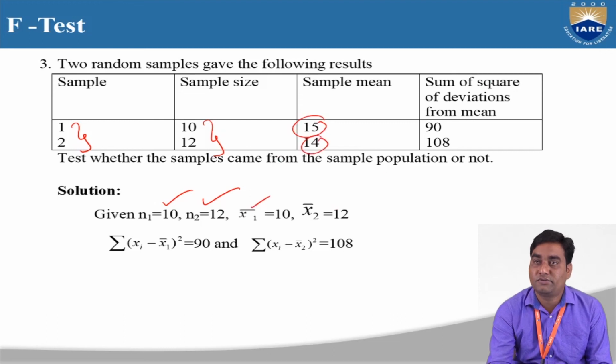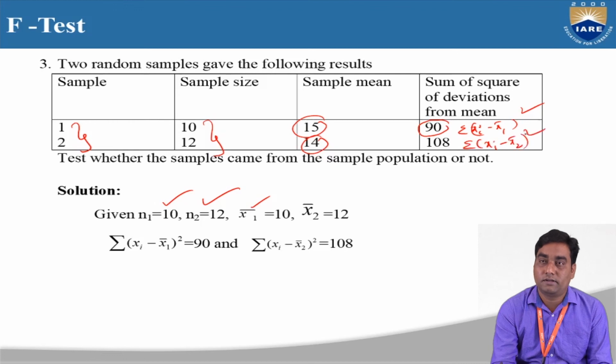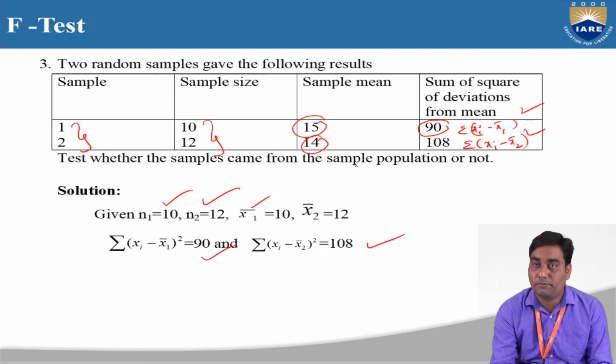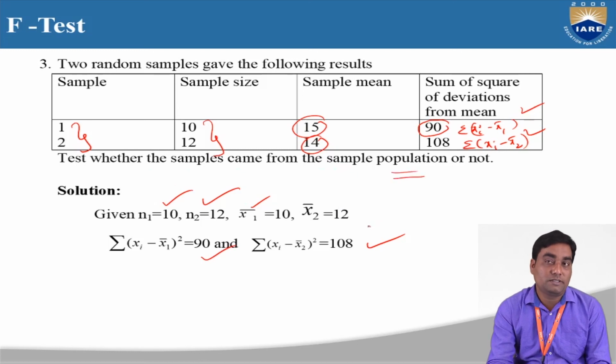And the sum of squares of deviations from the mean: sigma xi minus x1 bar whole square is 90, and sigma xi minus x2 bar whole square is 108. All the values are given. The question is, test whether the samples came from the same population or not.